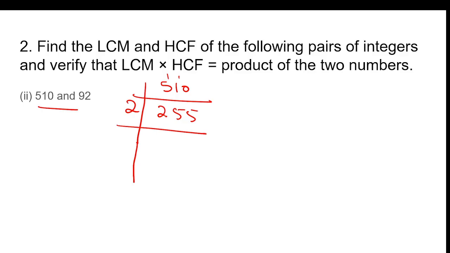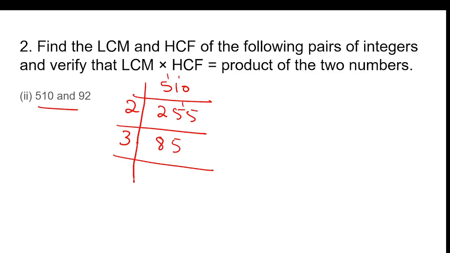And is this divisible by 3? Let me check. 2 plus 5 is 7. 7 plus 5 is 12. Is 12 divisible by 3? Yes, 12 is divisible by 3. That means 255 is divisible by 3.